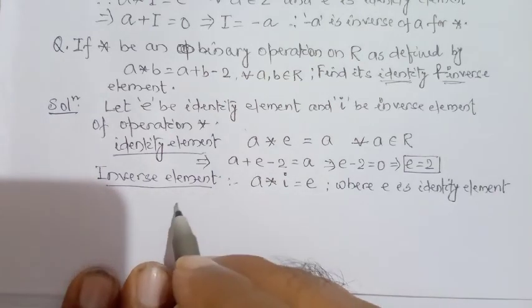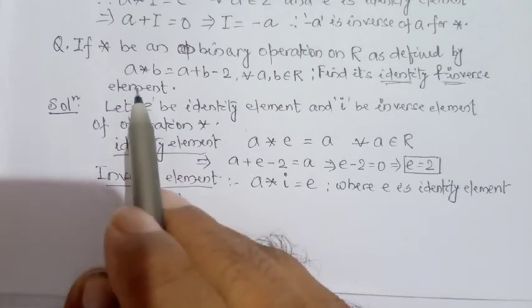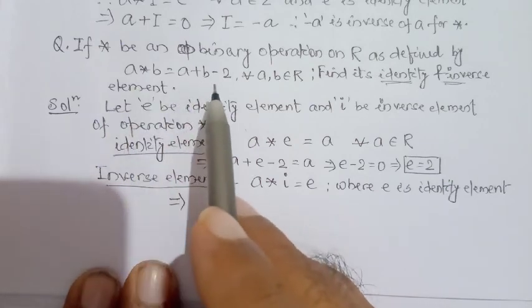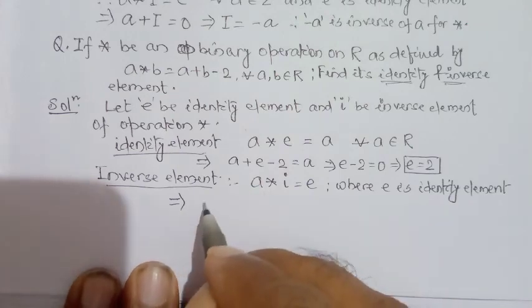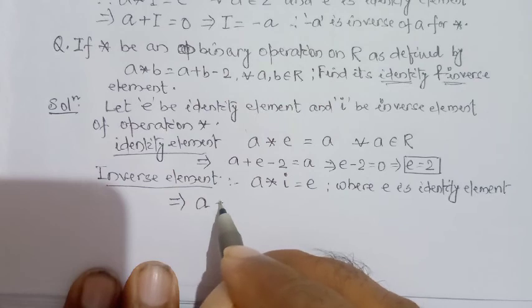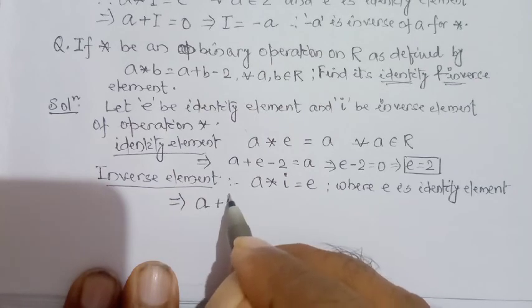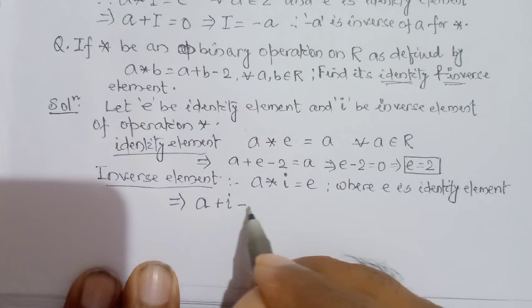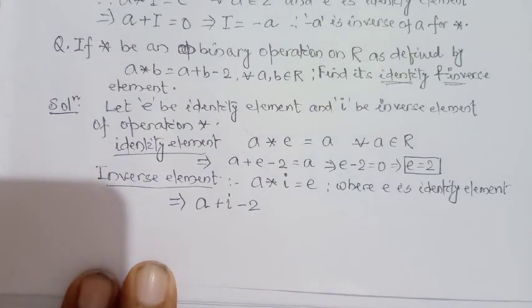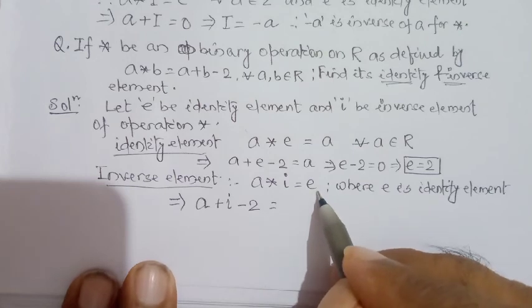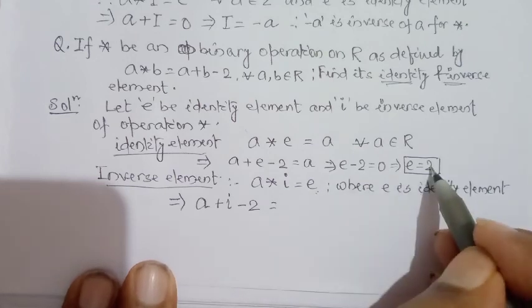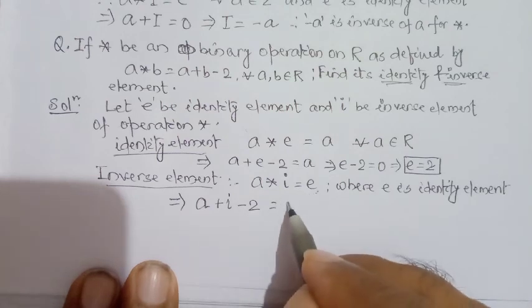Now what is given? A star B is equal to A plus B minus 2. So A star I should be equal to A plus I minus 2. And E means the identity element, which is 2.